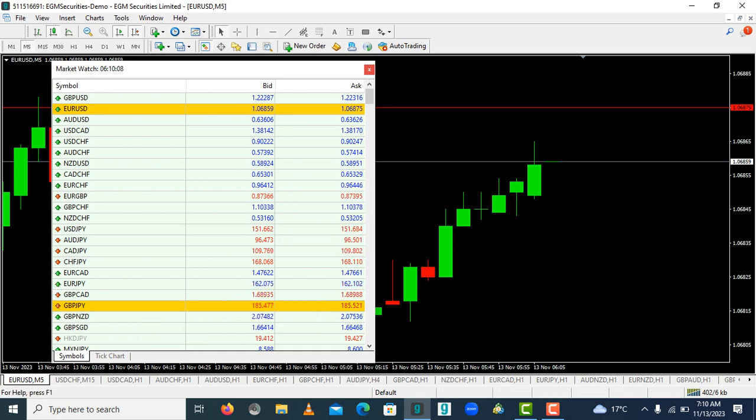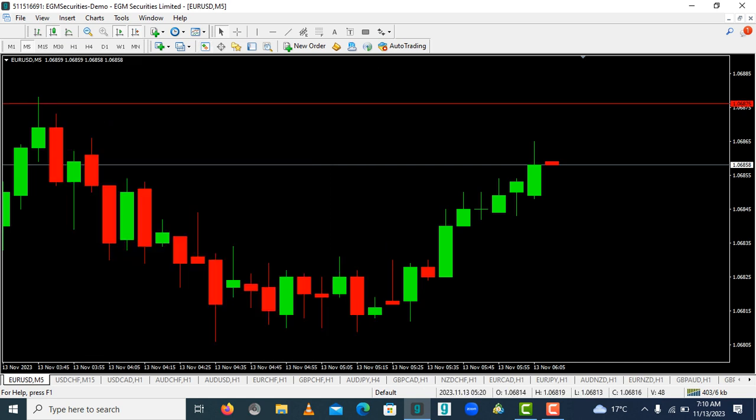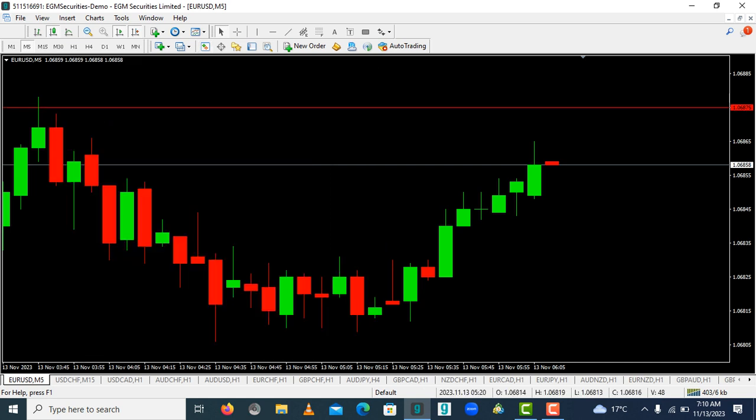When we come to the spread, remember these ones are given by the brokers or the banks. You will find there are two types of spreads. The first one is what we refer to as fixed spread, meaning fixed means that something is not changing, something is constant. What that implies is that the gap between the bid price and the ask price does not change.